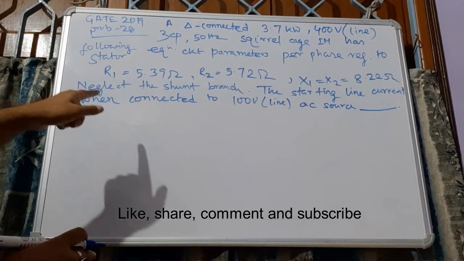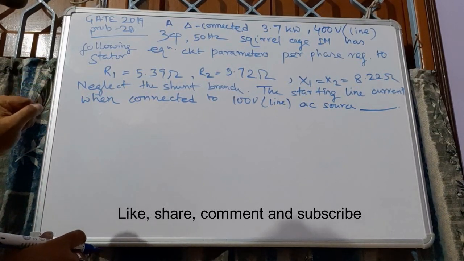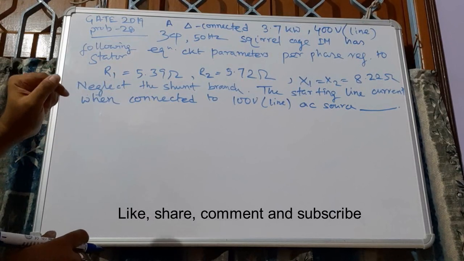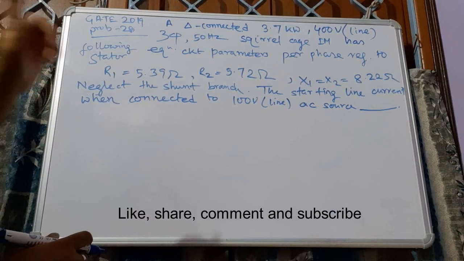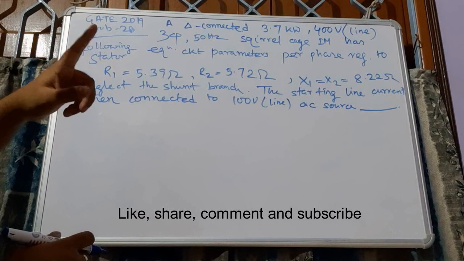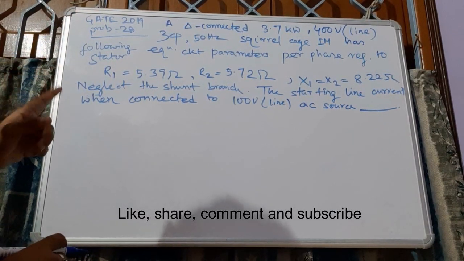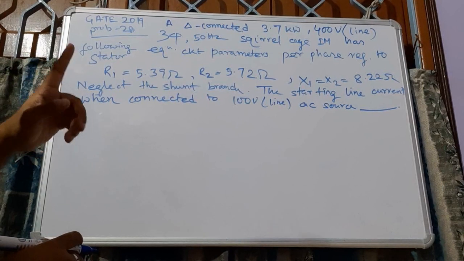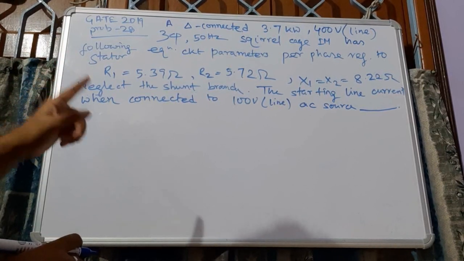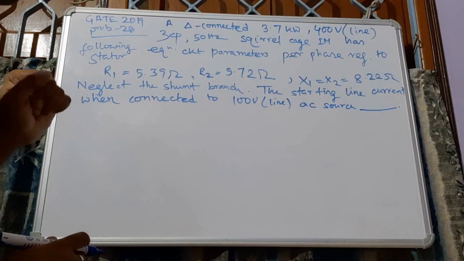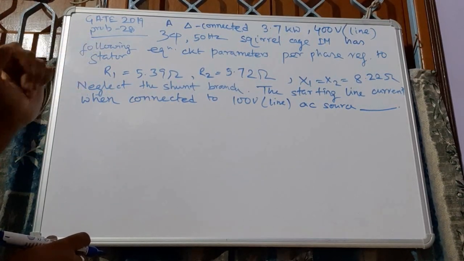R1 equals 5.39 ohm, R2 equals 5.72 ohm, X1 equals X2 equals 8.22 ohm. Neglect the shunt branch. Find the starting line current when connected to a 100 volt line AC source.